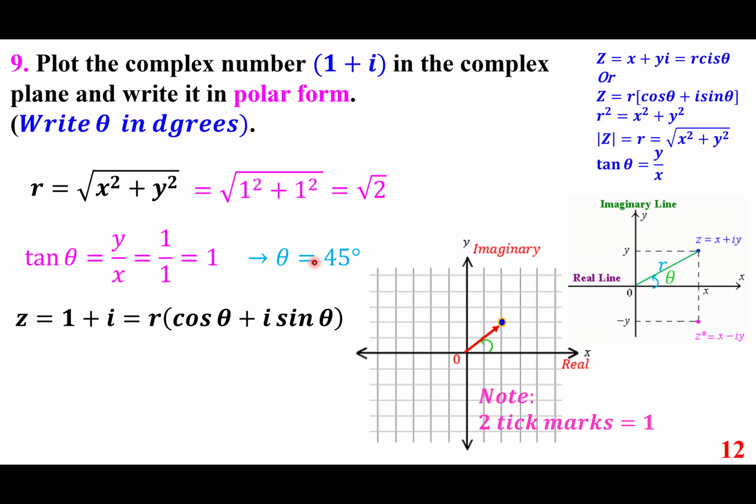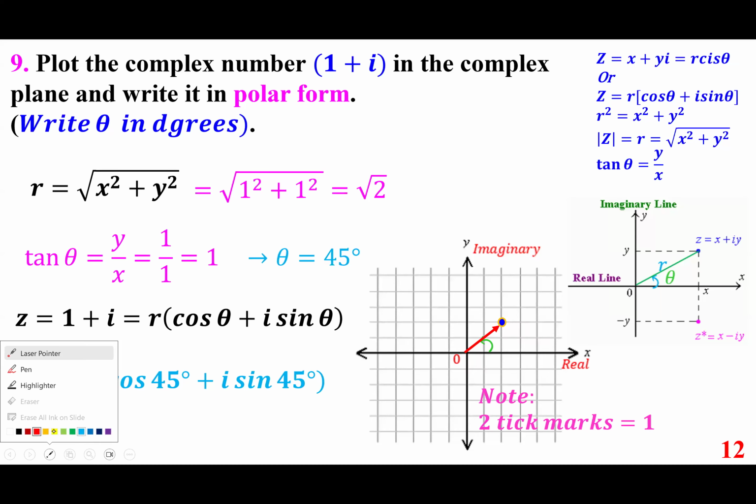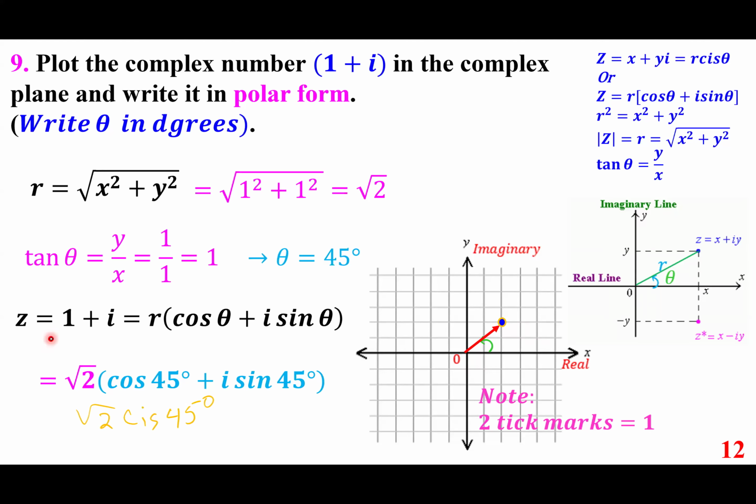So replace the theta with 45 degrees, and you're done. Shorthand notation class, you can leave it like that, of course. Or you can say square root of 2 cis 45 degrees. If they wanted it in radians, you would say pi over 4. So you want to pay attention to that, because some questions ask for degrees, some for radians, and so you want to answer accordingly.